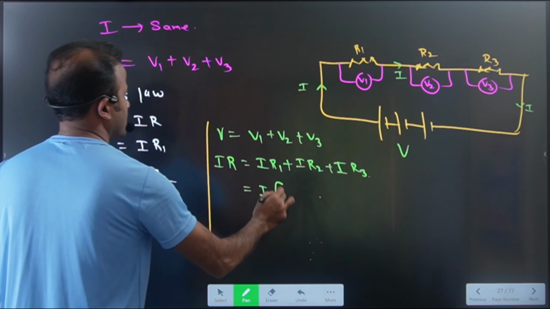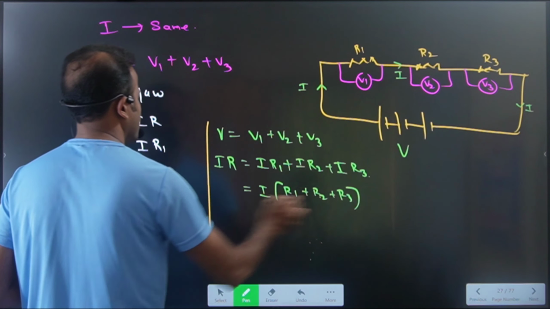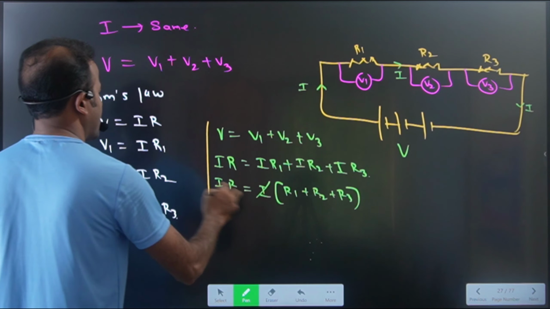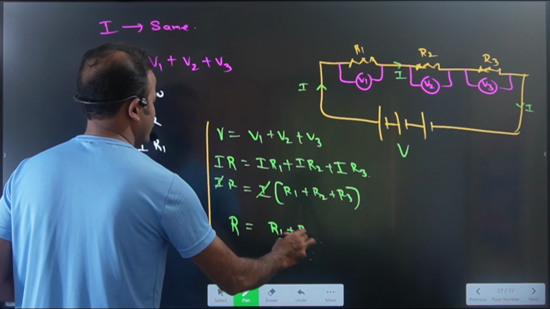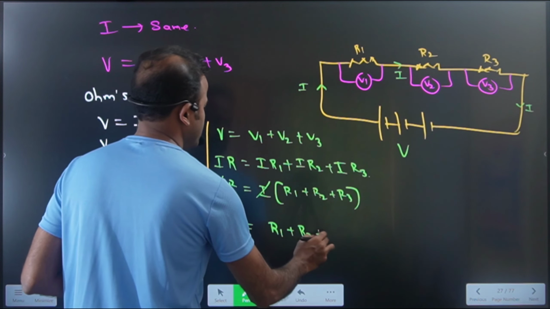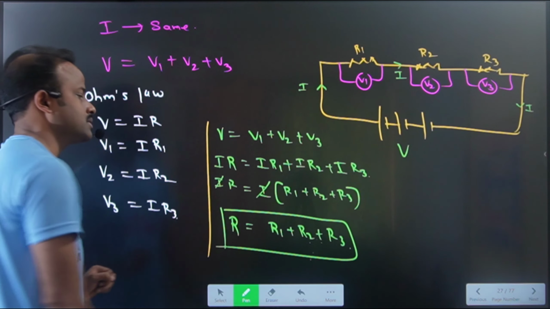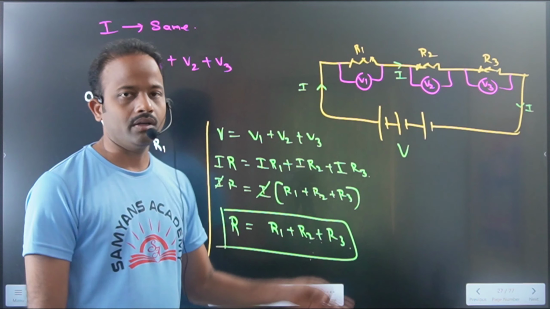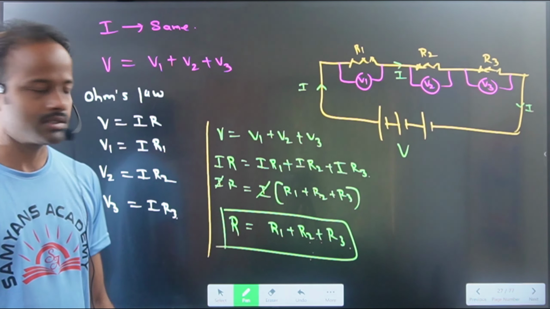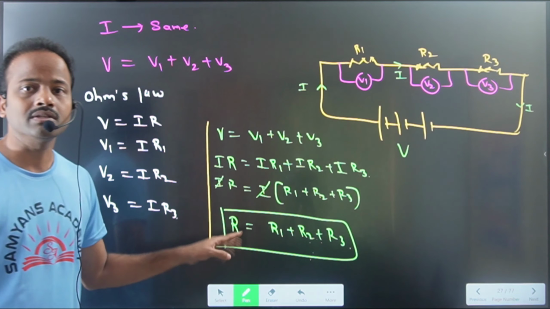Take I common, so R1 + R2 + R3. So I into R, and I on both sides gets cancelled. Then the total resistance is equal to the sum of all individual resistances. In the series combination, the resistance value increases when compared to the individual resistance values.